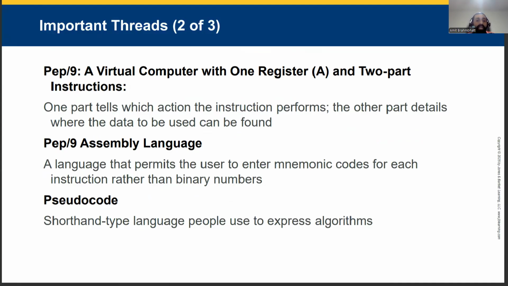The slide also ties in pseudocode, emphasizing its role as a shorthand tool for expressing algorithms before implementing them in assembly or another language. Together, these concepts form a complete workflow. Develop the algorithm, express it clearly, then translate it into executable instructions.